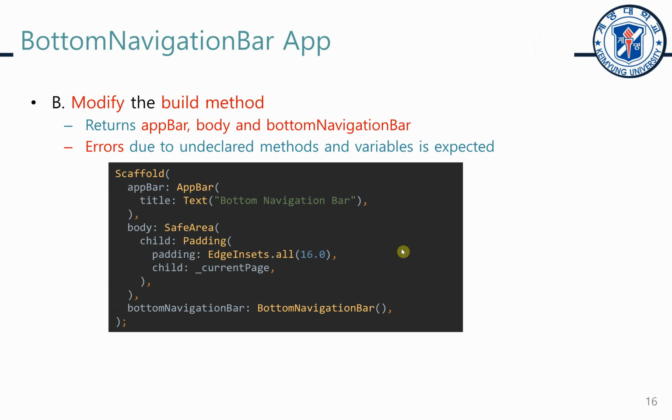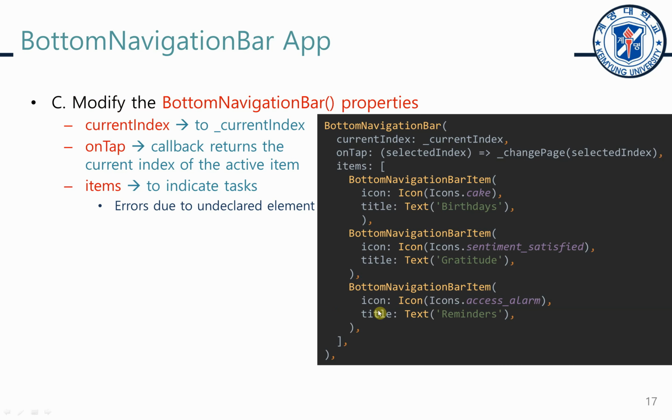Now once we add this, the next question is what to put in this place, or what type of code we should have in this place, and what other code we should add. In the bottom navigation bar we add the properties. The properties are current index.